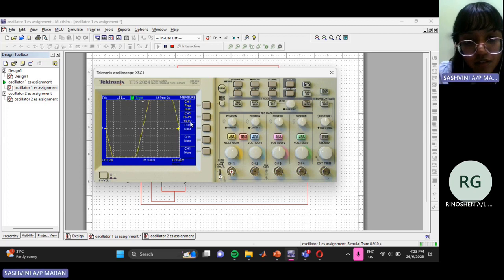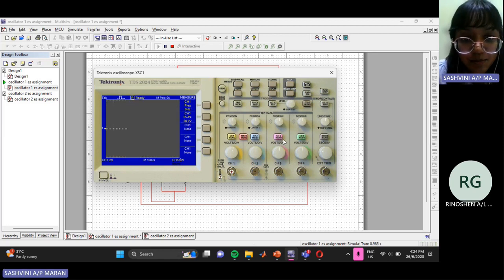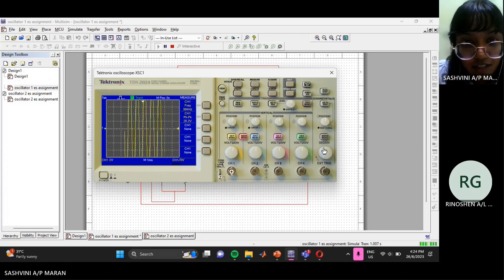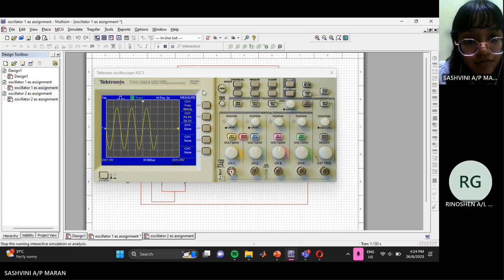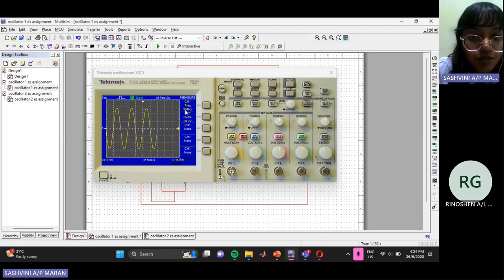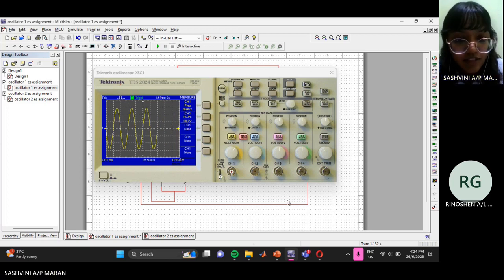Once the value of the peak-to-peak reaches 28.2, we are going to stop the simulation because this is the highest peak-to-peak amplitude obtained. Hence, the frequency is proven to be 994 Hz and the peak-to-peak value is 28.2. This is all for the oscillator 1 circuit.